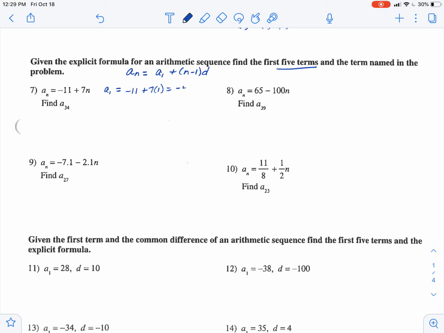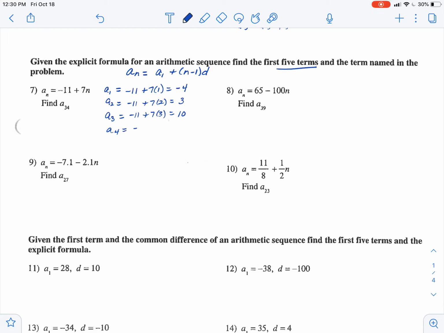That would be -4. a_2, that looks like 3. a_3 would be 10.